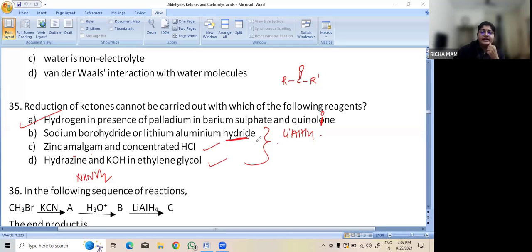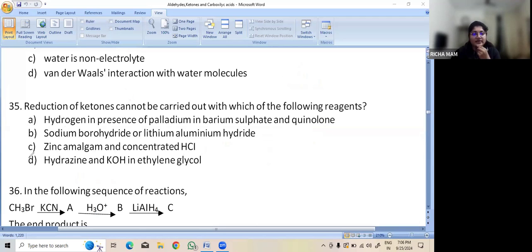But by using hydrogen, that is a hydrogenation reaction, the simplest reaction, ketones cannot be reduced. Hydrogen in the presence of palladium is a reducing agent, but ketones cannot be reduced with this reagent. Okay, fine.